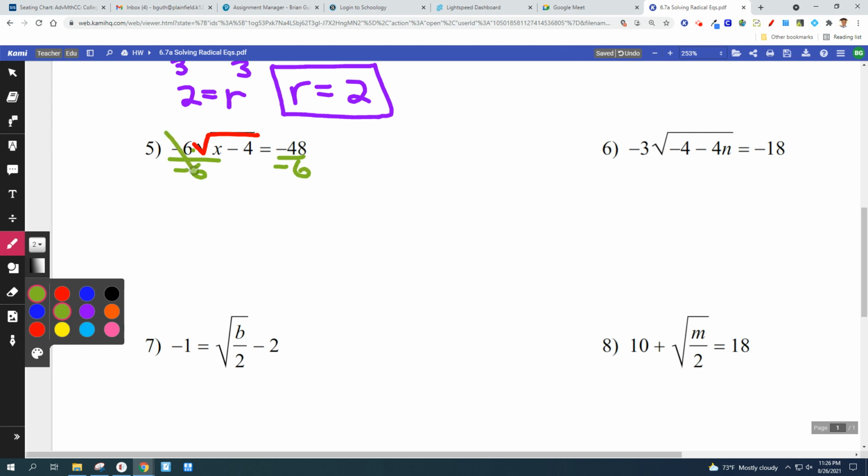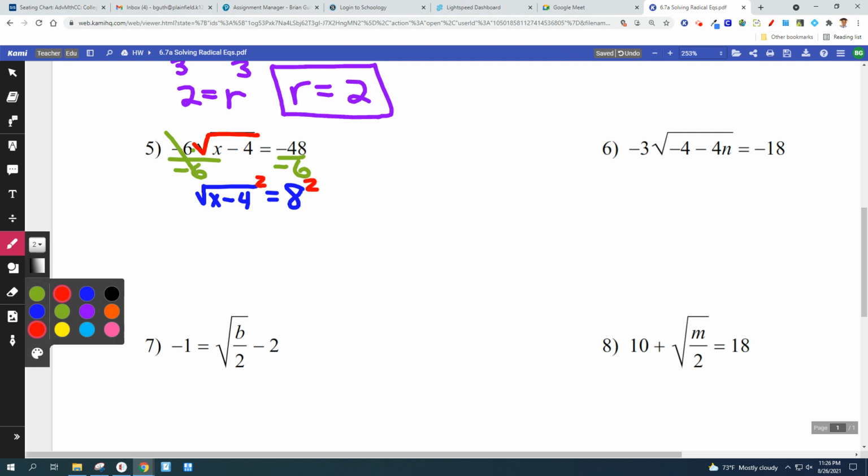Of course, that's going to cancel, leaving me with square root of x minus 4 equals negative 48 divided by negative 6 is positive 8. And again, I've got the square root by itself. Square root by itself, we're going to square both sides.